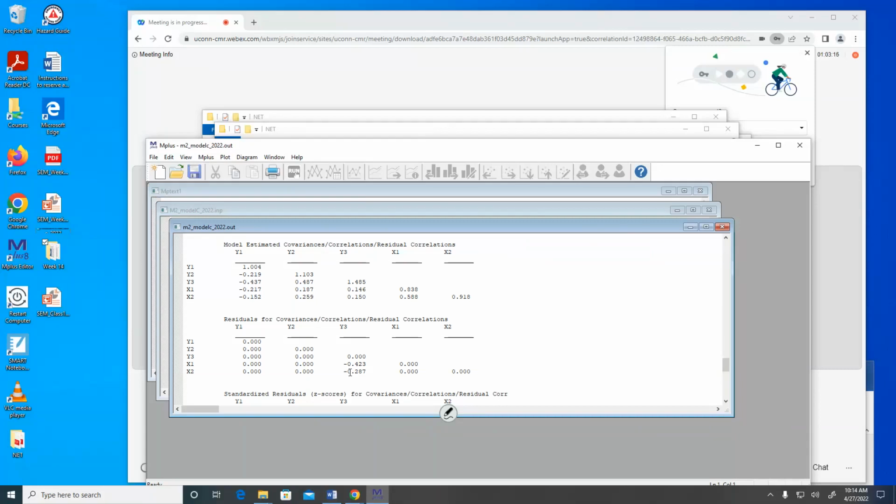We're constraining X1 to Y3 to be 0 now, but we also have from X1 to X2 that relationship in there, right? So you can't simply go from model A to model C by just adding.